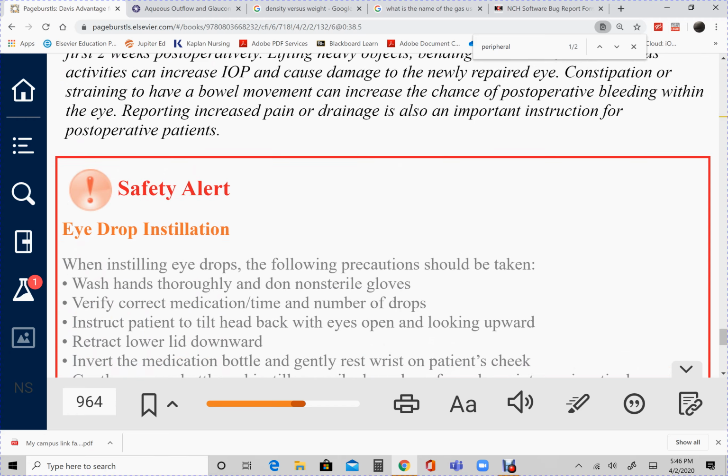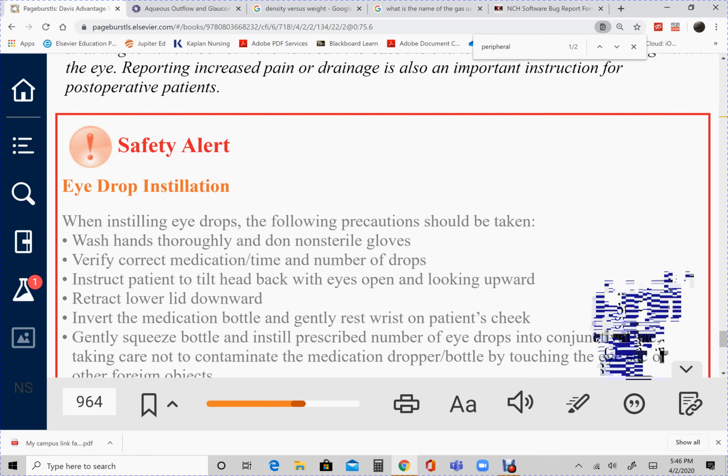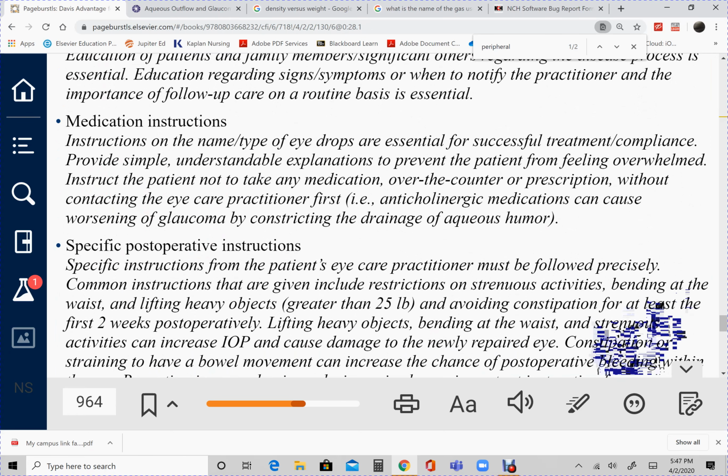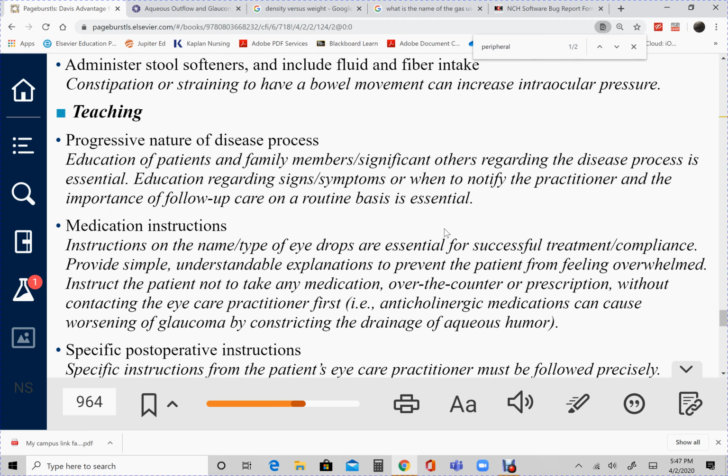Most importantly, with the teaching, teach them that it's really important to comply with the eye drops, because that's the only thing that will maintain their vision and keep it from getting worse. The key here is to keep intraocular pressure within normal every day as much as possible to prevent eye damage and, of course, loss of vision.